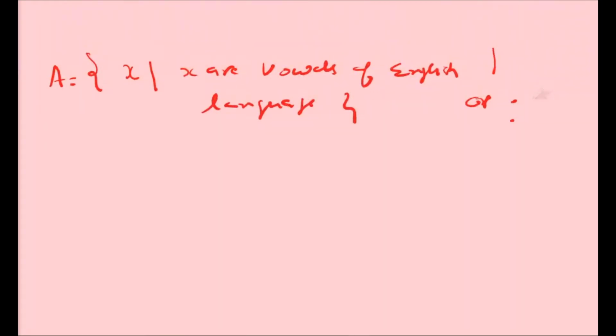Then this is known as a set. If you describe a set this way, this line or this two dots is read as "such that". So: x such that x are vowels of the English language. Here you know the description or relation between the objects, and this method is known as set builder form.